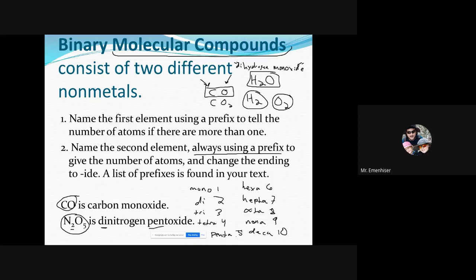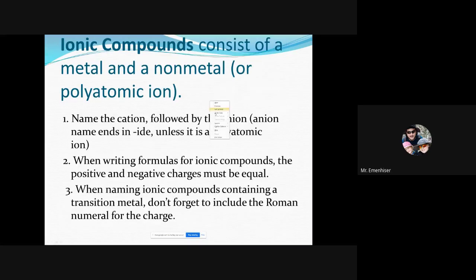So these are our numbers for our prefixes for molecular compounds, covalent compounds. Ionic compounds consist of a metal and a nonmetal.